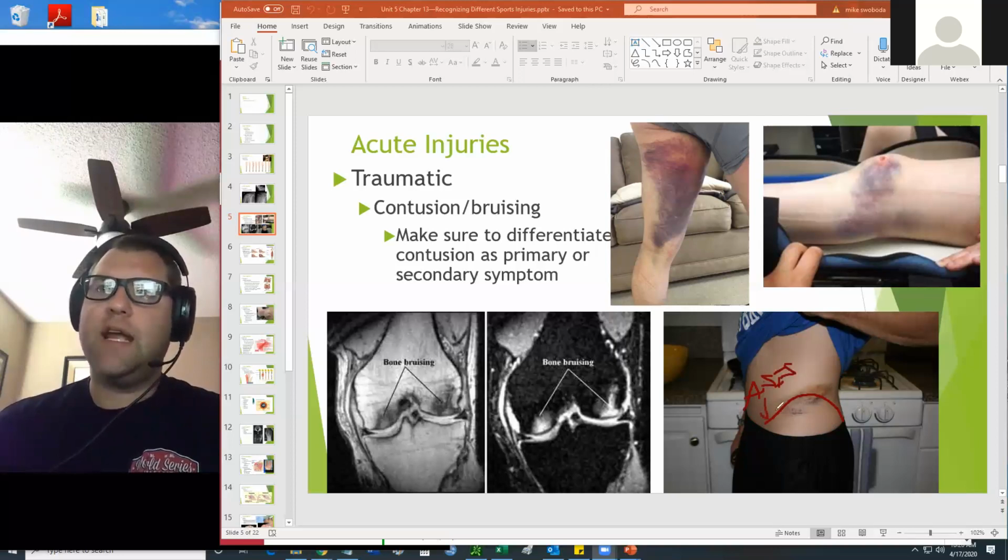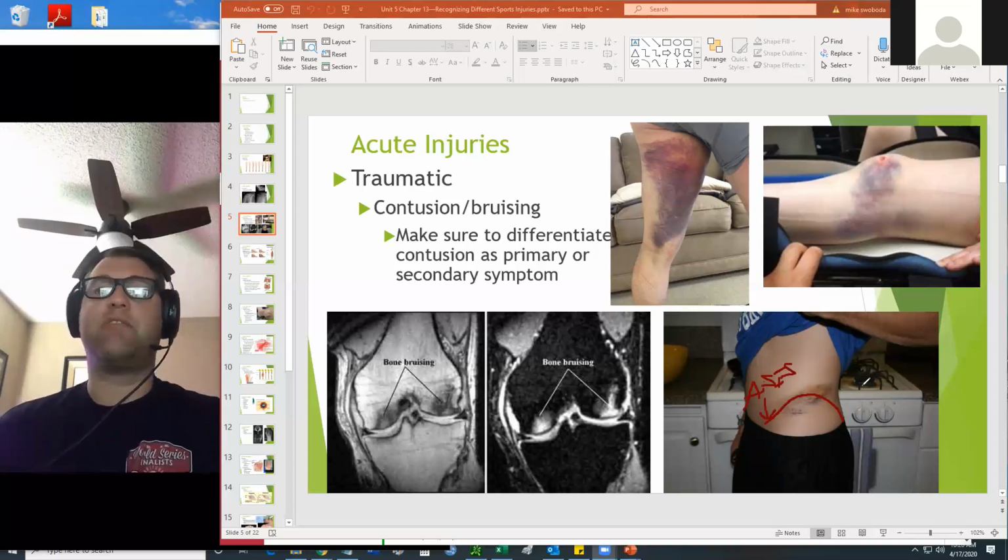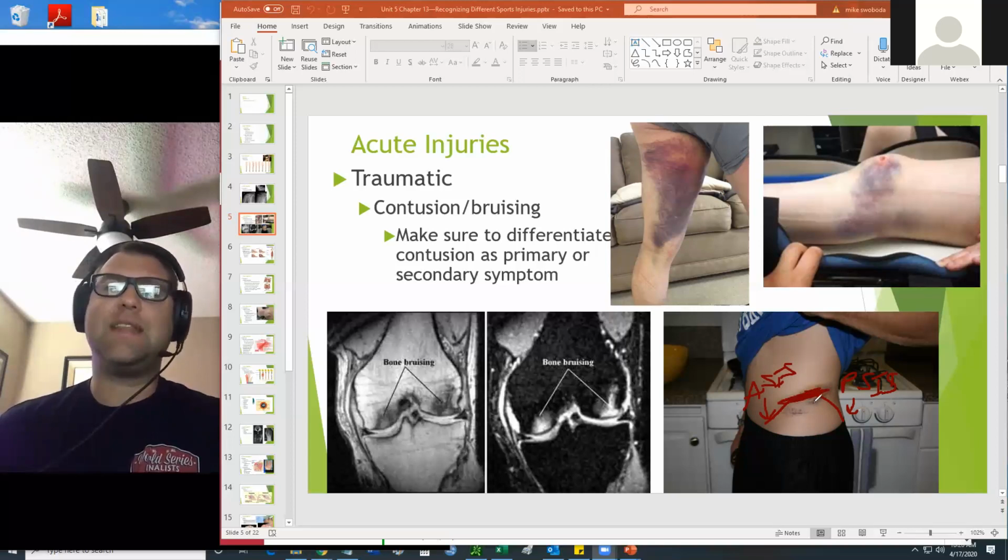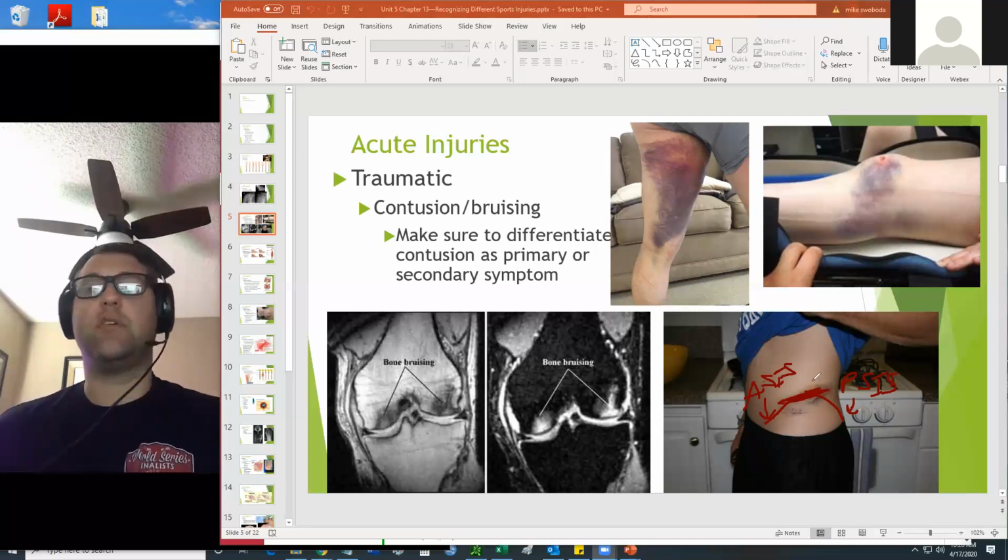So your anterior superior iliac spine is the front of your hip. Your posterior superior iliac spine is the back here. And then this middle part where you're seeing this bruising, that's where you're going to get that hip pointer most likely. And that's just going to be the lateral side of your iliac spine.